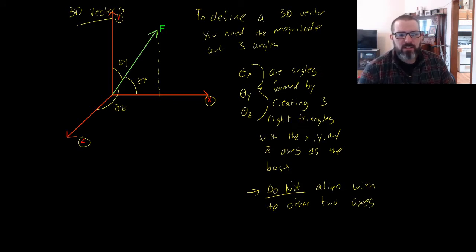A projection can be made from the tip of the force down to each of the axes. And to get the final one on the z-axis, you have to project straight down.